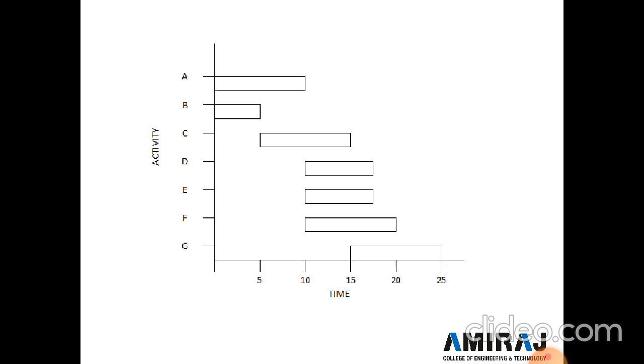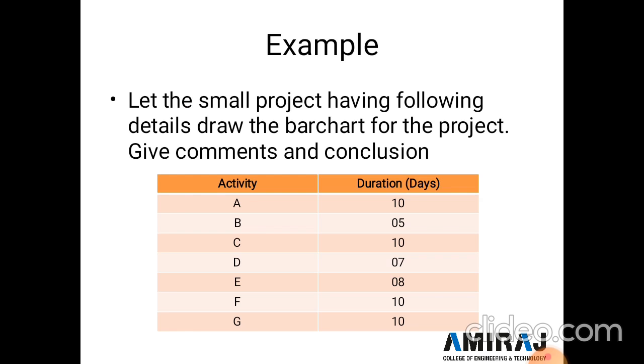Here different activities are given: activity A, B, C, D, E, F, G, and duration, meaning time, is given in days. Activity A requires 10 days for completion, B is completed in 5 days, C 10 days, D 7 days, E 8 days, F 10, and G 10 days.